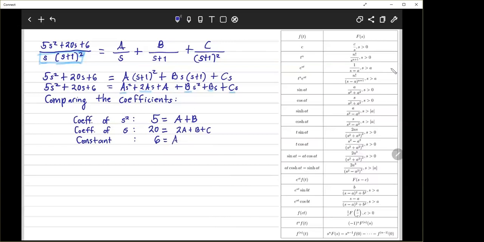So immediately we have the value of a, which is 6. And then we can use that to find the value of b. So if a is 6, we have b equals 5 minus a. So we have b equals 5 minus 6. So therefore, b equals negative 1.